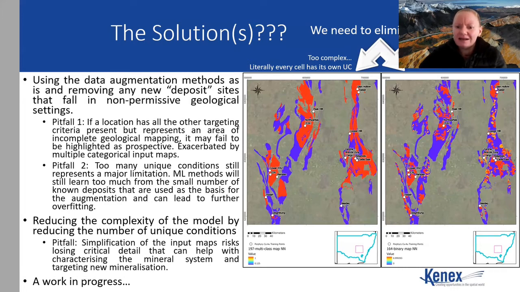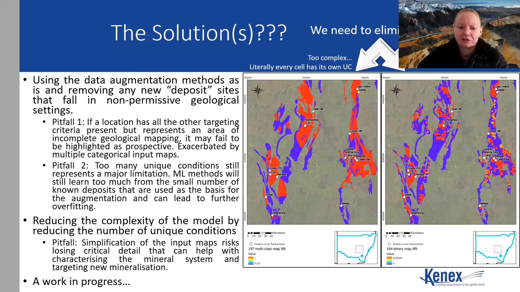So, as I was saying, it's still a work in progress. I don't have the solution, but I think whatever the solution is needs to integrate both of these challenges, one being the lack of training data and augmenting our training data for mineral systems where we are using a number of categorical type input maps.